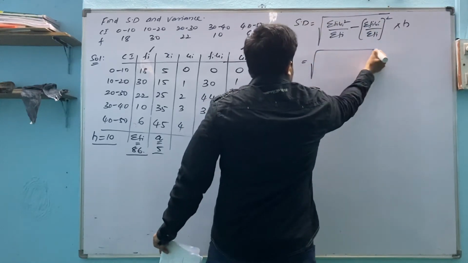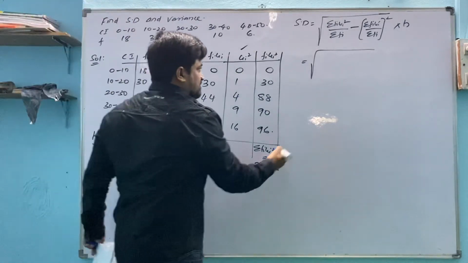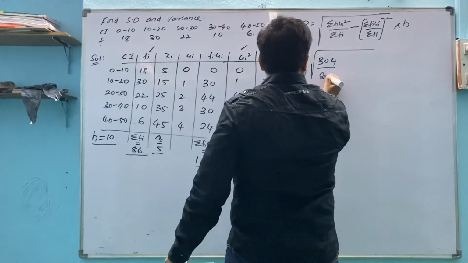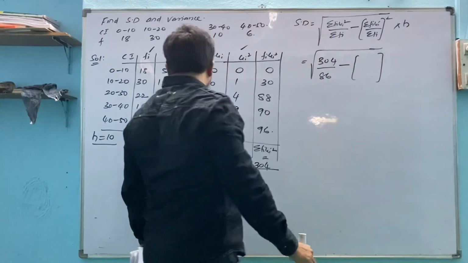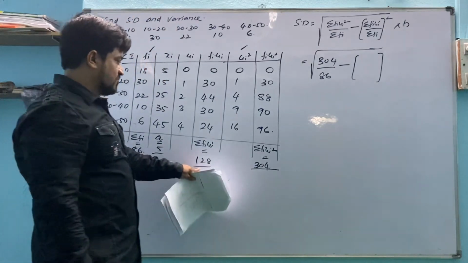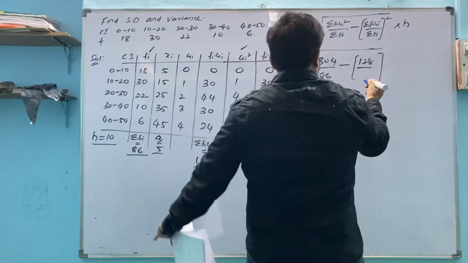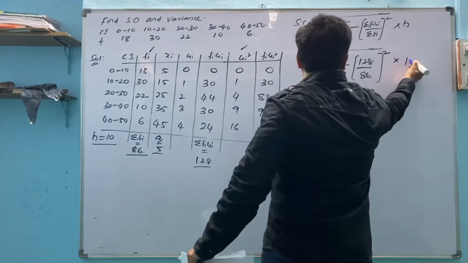So root over, I am just substituting the values here. Sigma Fi Ui square, 304, divided by sigma Fi, 86, minus sigma Fi Ui, 128, divided by sigma Fi, 86, whole square, into h value, h is 10.